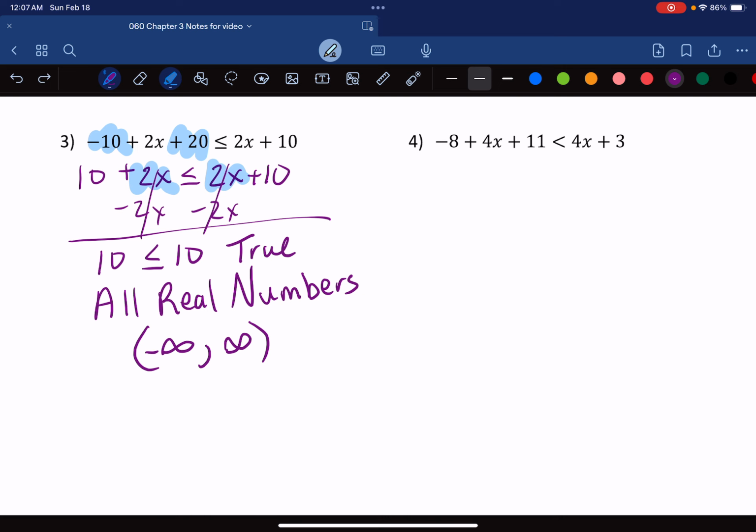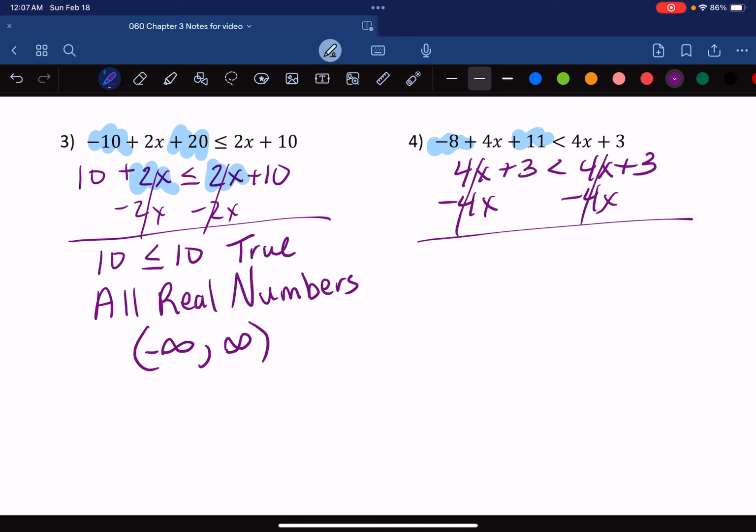For this next one, the steps are similar because these inequalities are very similar. We're going to combine like terms. And we can already see that these are the same on each side, but I'm going to go ahead and subtract 4x from both sides to give myself 3 is less than 3.